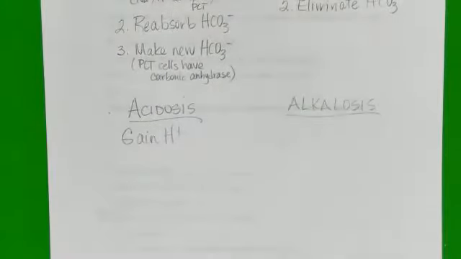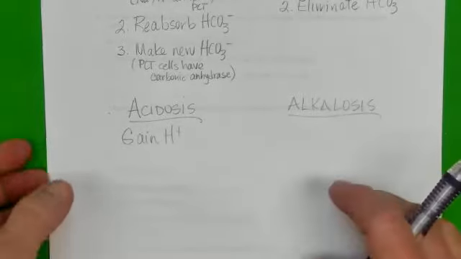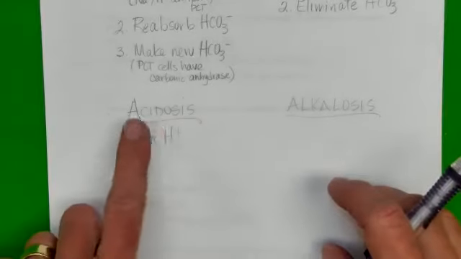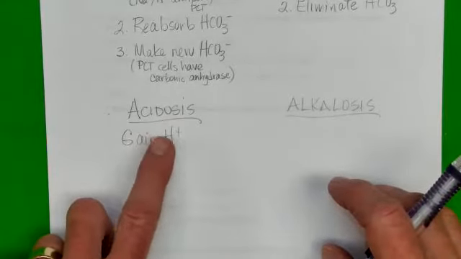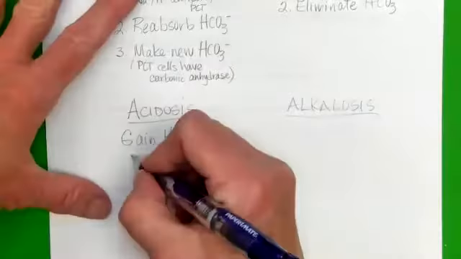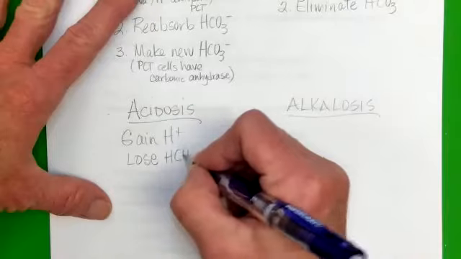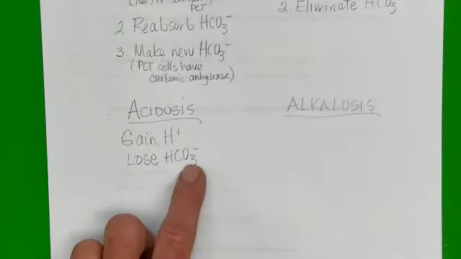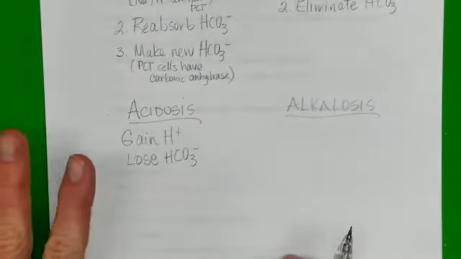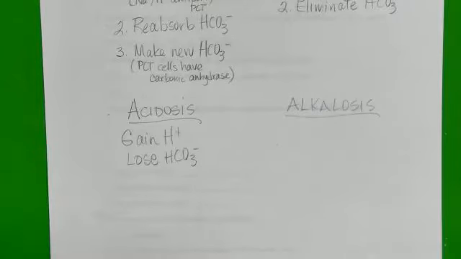We gained too many hydrogen ions, okay? Lactic acid fermentation, for example. Too much acid production. But by the same token, if I'm gaining hydrogen ions, I may also be losing bicarb. So pH-wise is the exact same effect, because it's a one-to-one relationship with the ions.